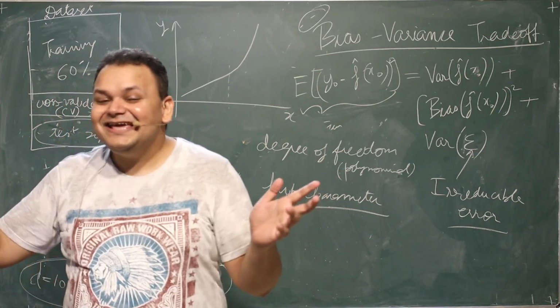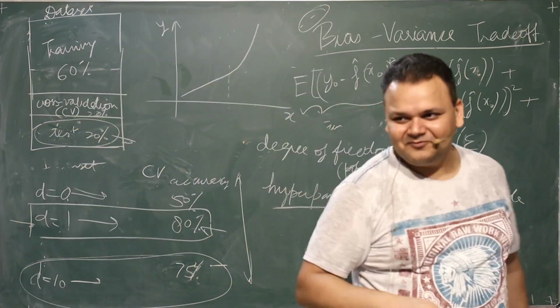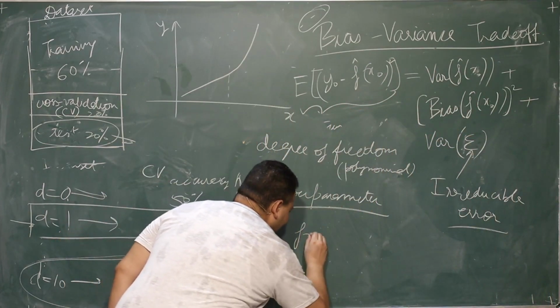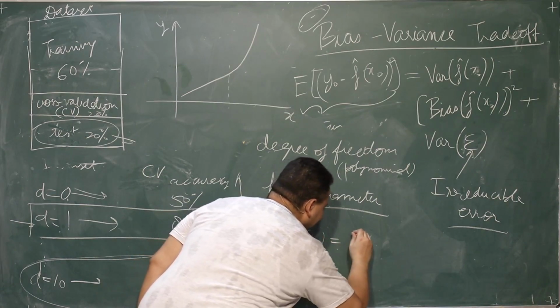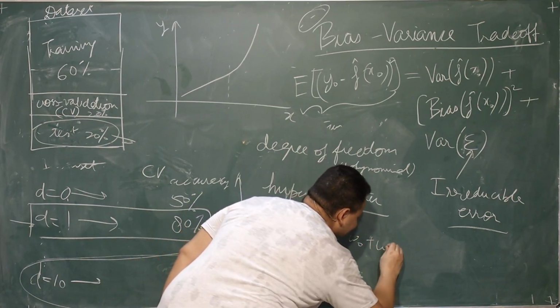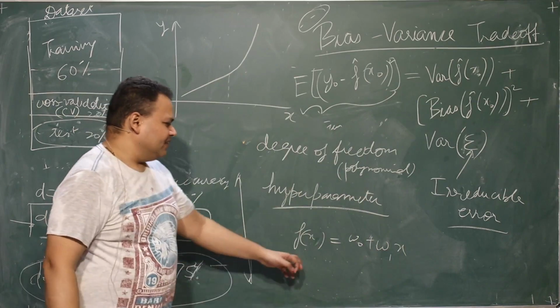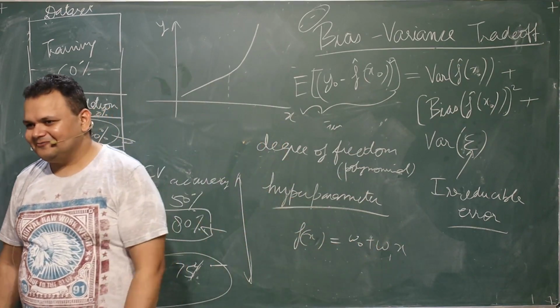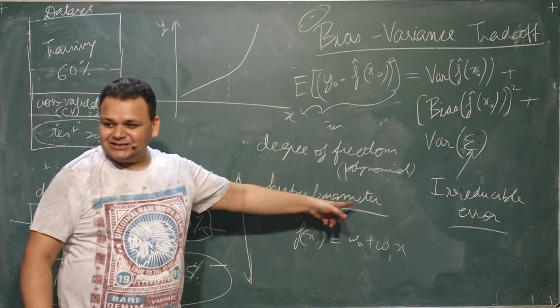It is not directly coming from the model. Okay. For example, when we are talking about your model f(x) = w0 + w1x, when you are doing the fitting, you are directly getting the values of w0 and w1. Okay. But in this case, what do you have?